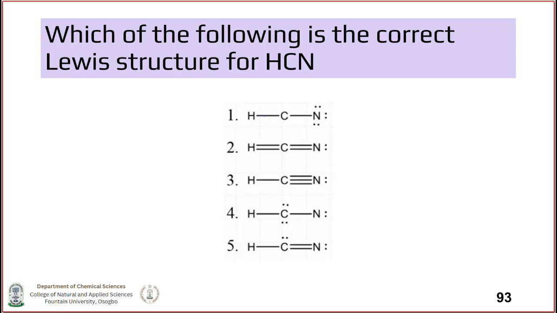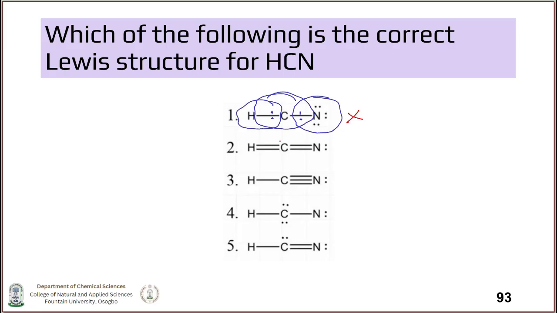In the first option, hydrogen has its duet, and carbon does not have its octet. It has only 1, 2, 3, 4. Nitrogen has its octet. But since carbon doesn't have its octet, this is not the correct Lewis structure for HCN.